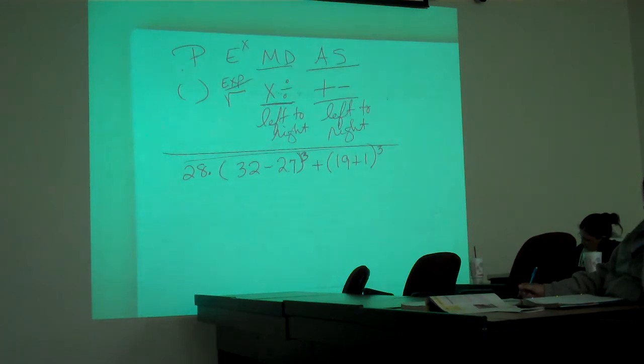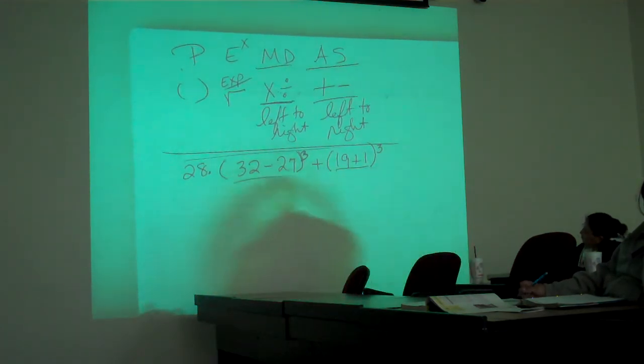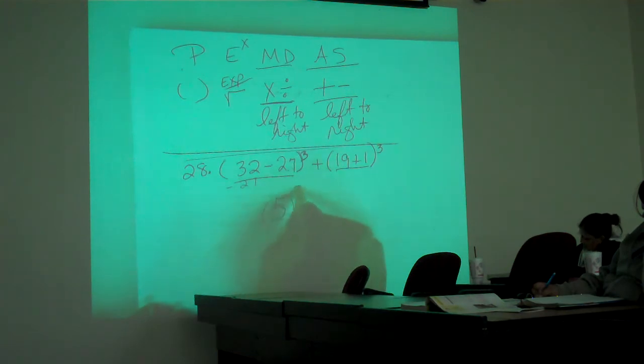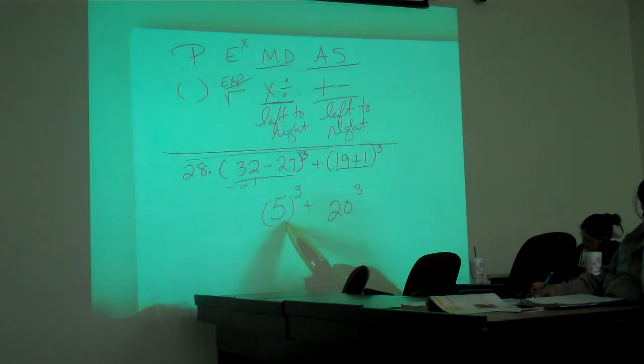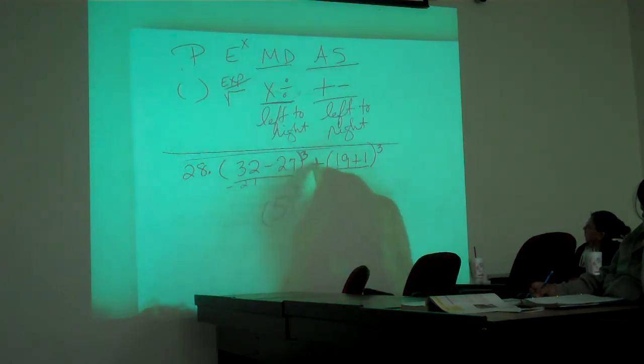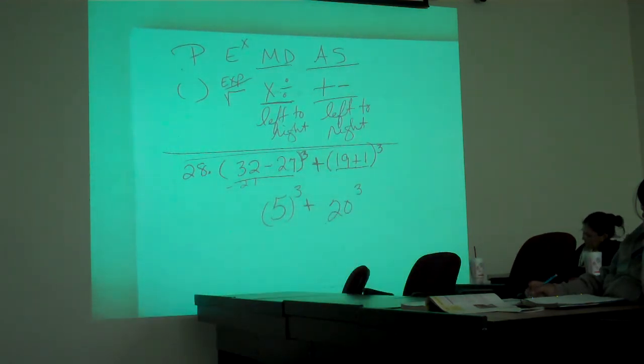So we're going to simplify what's inside the parentheses first. 32 minus 27 is 5, so that will be to the third power. 19 plus 1 is 20, and 20 will be to the third power. You don't have to have the parentheses once you simplify this. I put it on here, but you don't have to have it. Don't forget to put the addition sign between it.